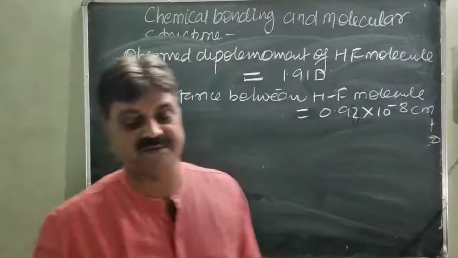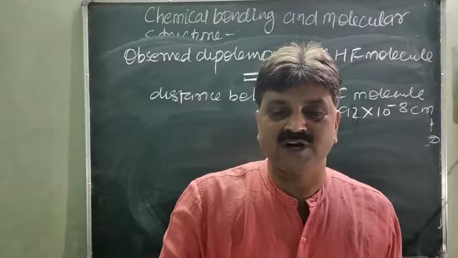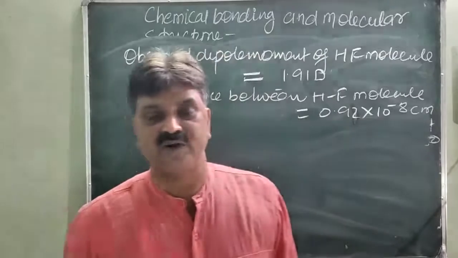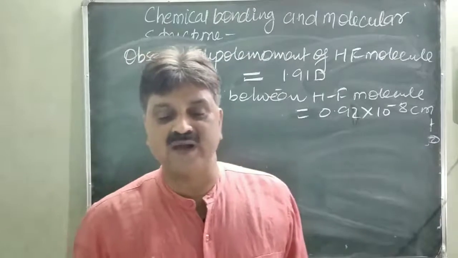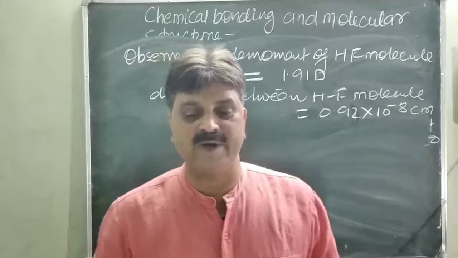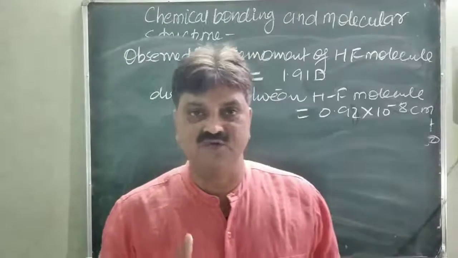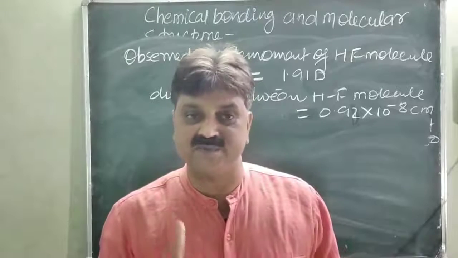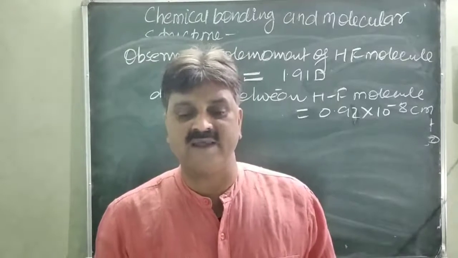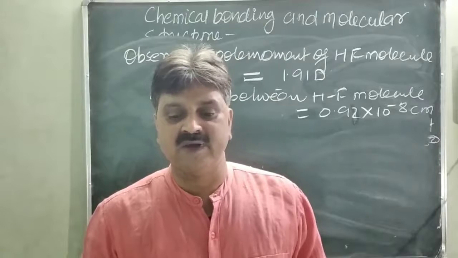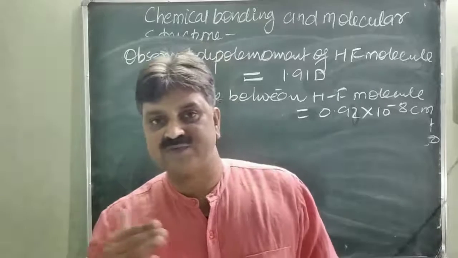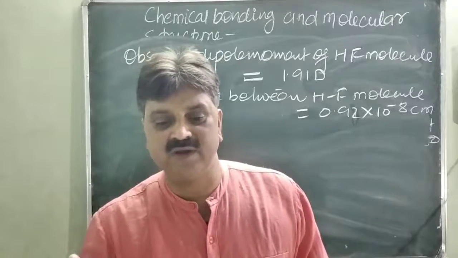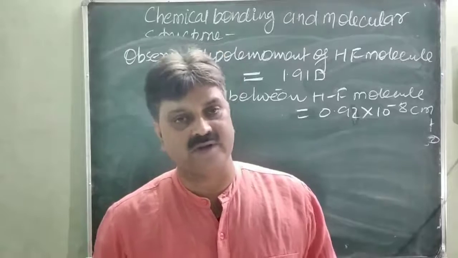Now the question is given. The observed dipole moment of the hydrogen fluoride molecule is 1.91 D. The dipole moment of pure ionic means 100% pure ionic bond, when an electron is completely transferred from hydrogen to the fluorine atom. How do you calculate this?